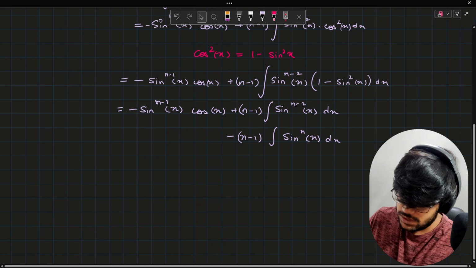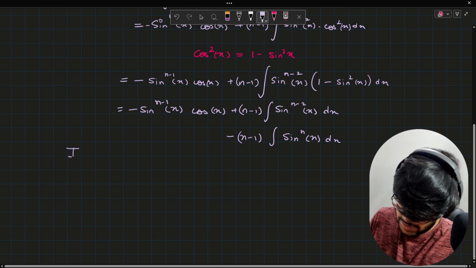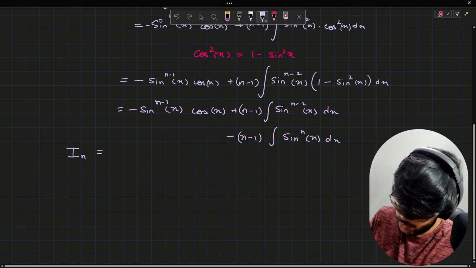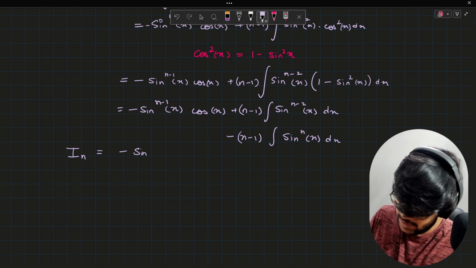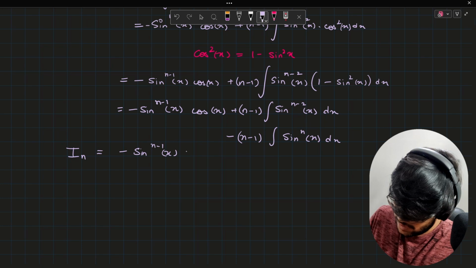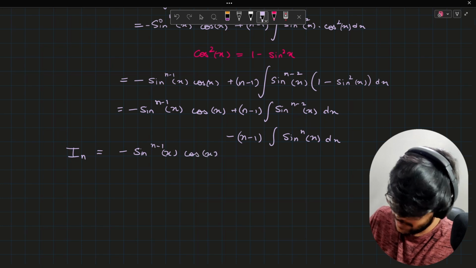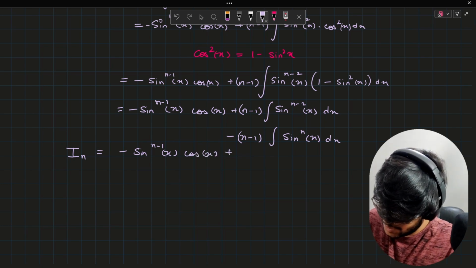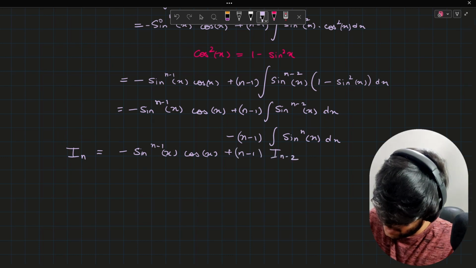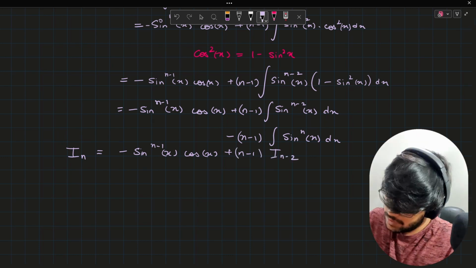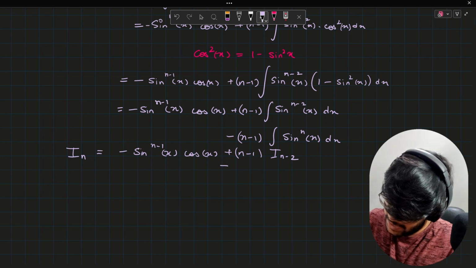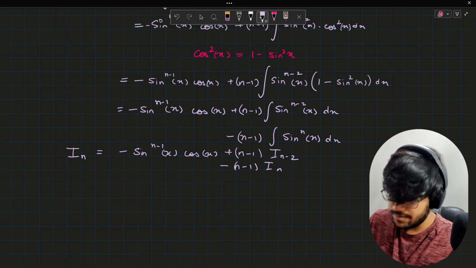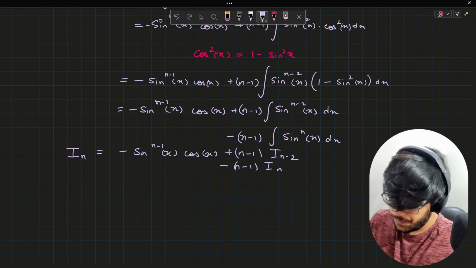So what we got is I_n is equal to minus sine^(n-1) x cos x plus (n-1) times I_(n-2) minus (n-1) I_n, right?